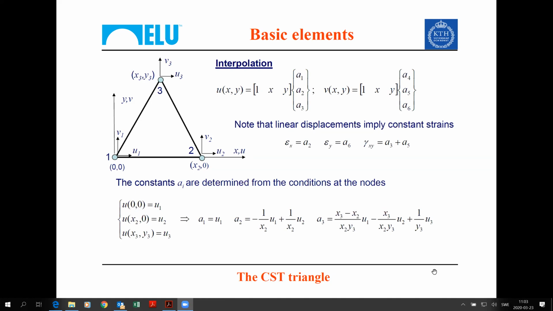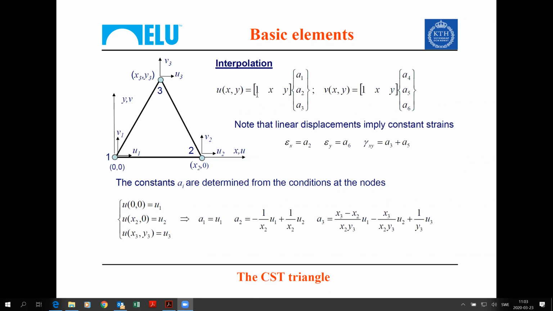Okay, I would like to ask about the slide we are looking at right now. That u of x and y equals 1, x, y, a1, a2, a3. Is 1, x and y, is that a shape function? No, this is a vector.